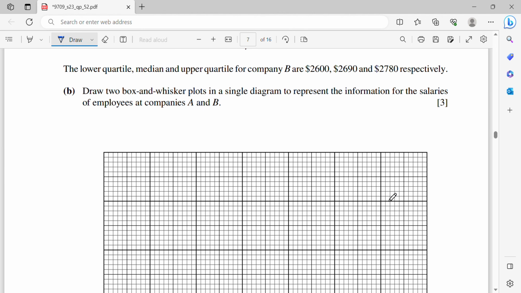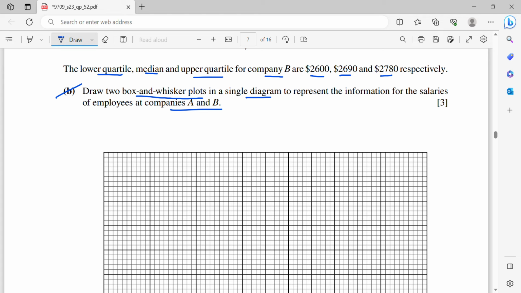Now the lower quartile, median, and upper quartile for company B are 2600, 2760 and 2900 respectively. (b) Draw two box and whisker plots in a single diagram to represent the information for the salaries of employees at companies A and B. First I will write down the information.